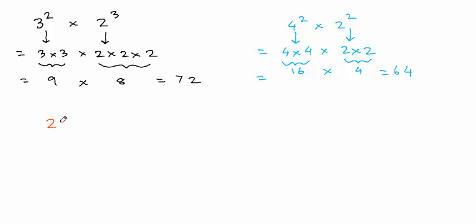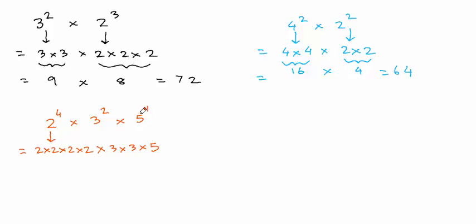Let's say we have 2 raised to the fourth power times 3 squared times 5 raised to the first power. Now this is equal to 2 raised to the fourth power is 2 times 2 times 2 times 2, times 3 raised to the second power is 3 times 3, times 5 raised to the first power is only 5.